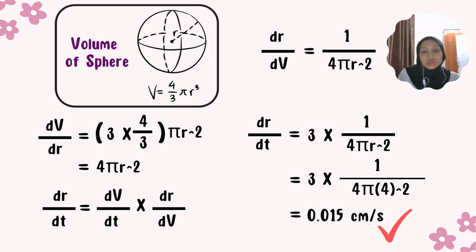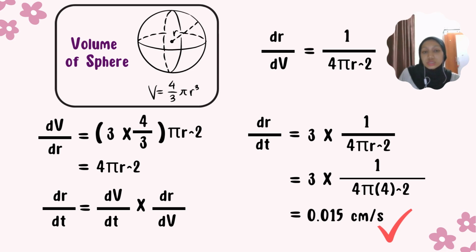When we differentiate the volume of a sphere, the 3 from the r cubed we bring to the front, times 4 over 3 pi r squared. Because we're doing differentiation, the power of r will decrease by 1, so it becomes r squared. When we calculate it in the calculator, it becomes 4 pi r squared.